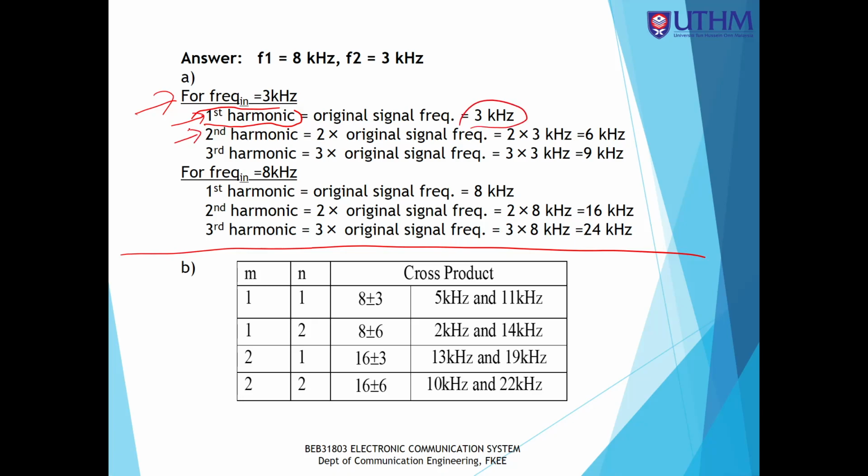Second harmonic, so now we can call it a harmonic, is 2 times the original frequency. So 2 times 3, you get 6 kHz. Third harmonic is located at 3 times the frequency, so we get 9 kHz. These are the locations of the harmonics.